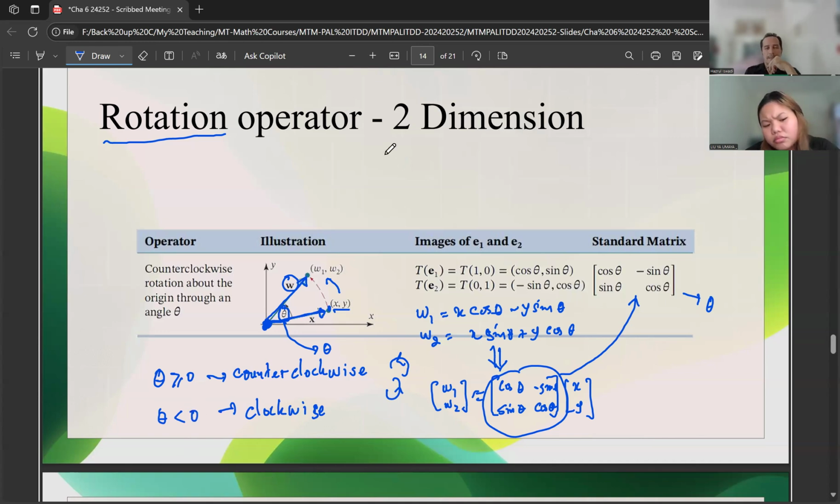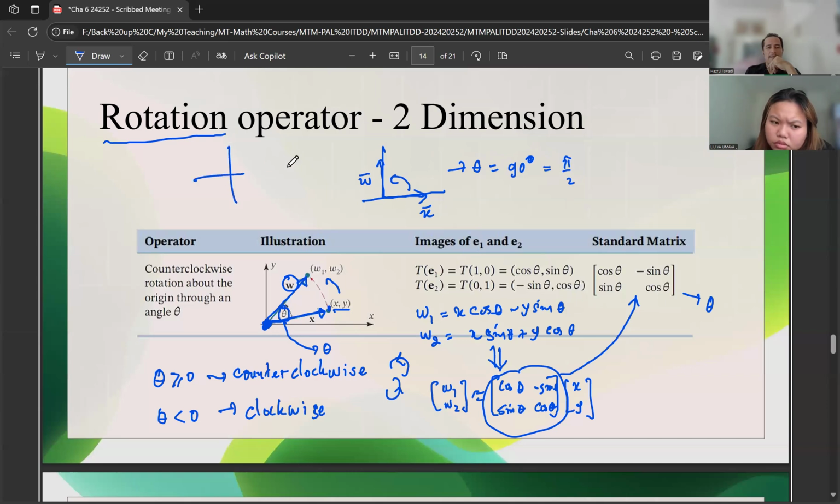Jadi if we have a condition like this, we rotate the vector 90 degrees counterclockwise here. This is X, this is W. So theta will be 90 degrees or pi over 2.